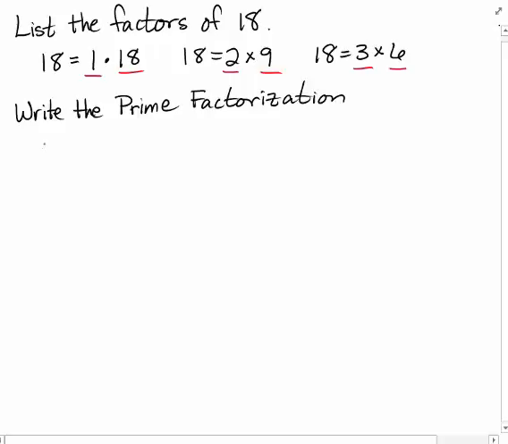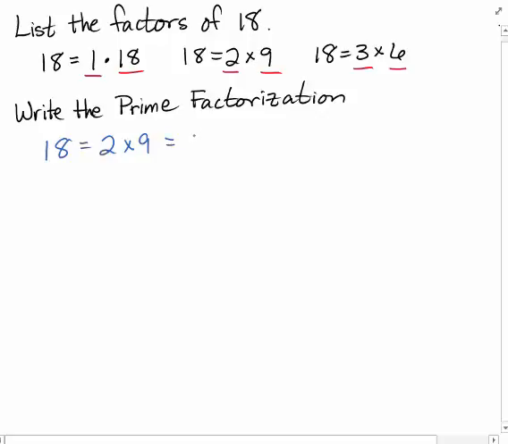So if we want to use 18 again, basically the prime factorization is we start by factoring the number, and we can actually pick any of the factoring pairs that we have up here. And so we're going to say, okay, 18 is 2 times 9. And then what we want to look at is those two factors, the 2 and the 9, and see if they can be factored further.